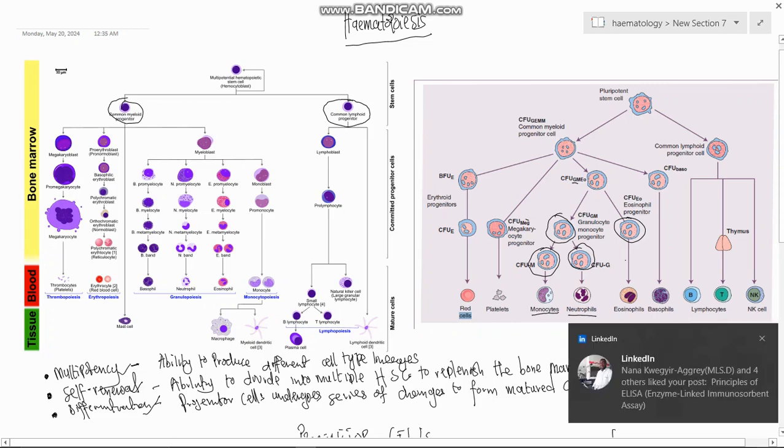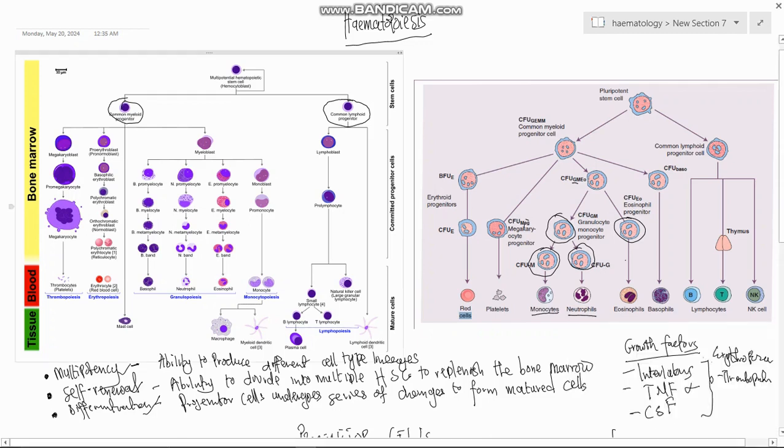So we can realize that all these processes, from this side up to this side, occur in the bone marrow. But then in the peripheral blood, that is where we have the matured cells. So all the matured cells are found in the peripheral blood.